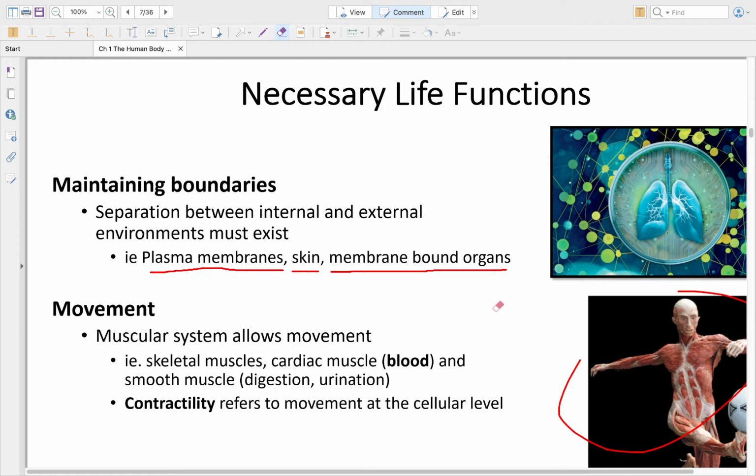Now an organism has to be able to move. A living organism has to be able to move. And we have a very sophisticated muscular system and skeletal system that helps with our movement. And then, of course, don't forget our cardiovascular system allows for blood to be pumped and transported throughout your entire body.